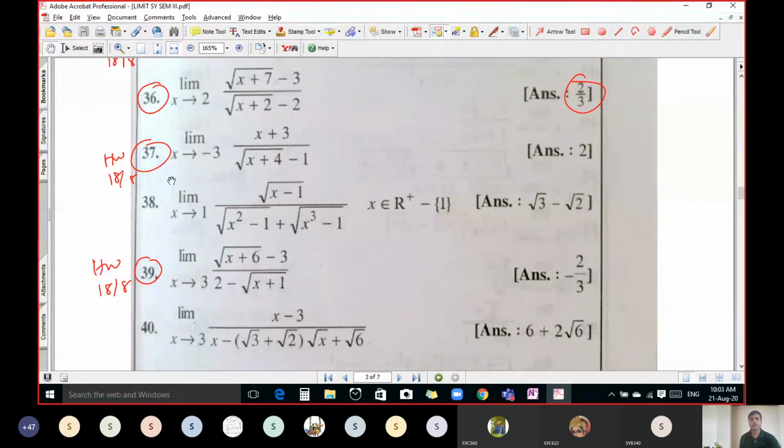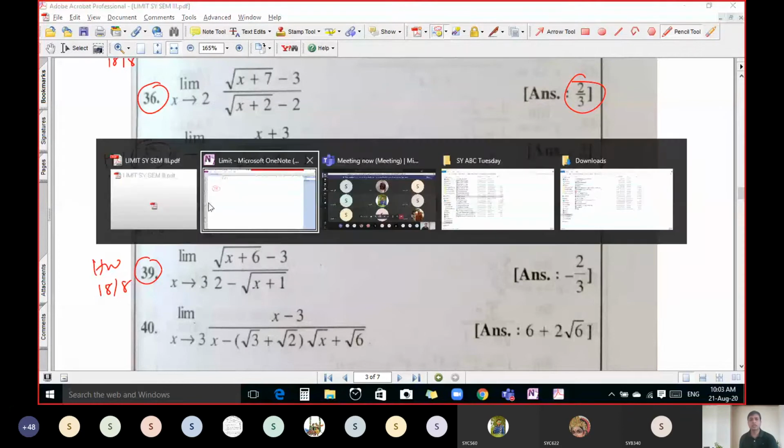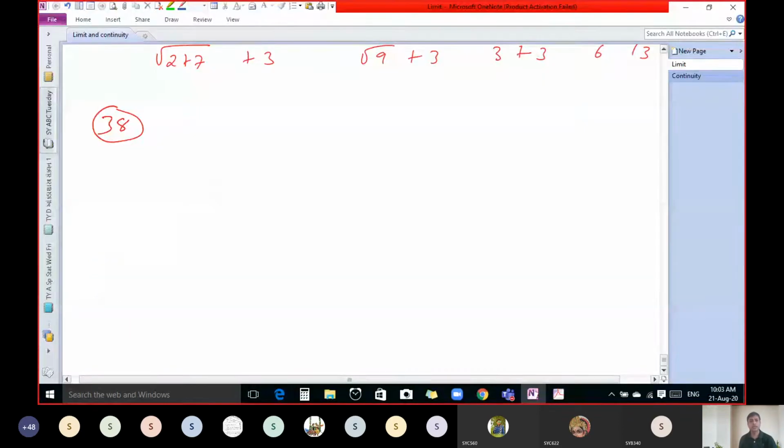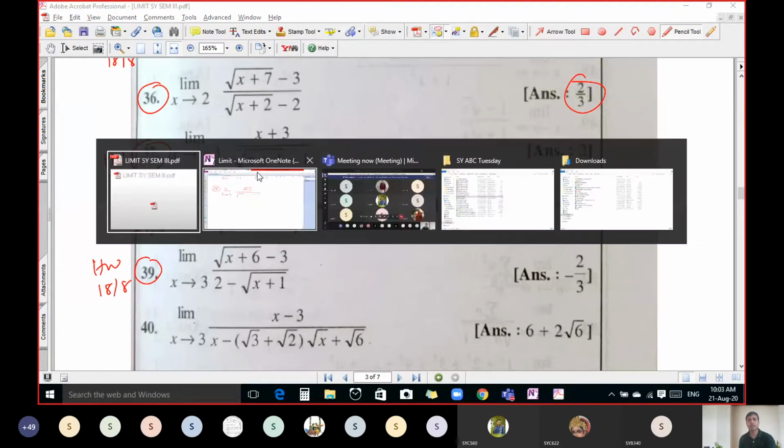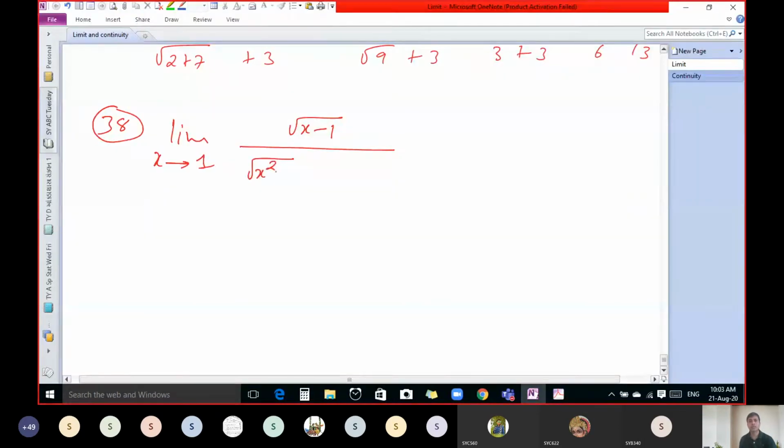The question is limit x tends to 1 of root x minus 1 upon root x square minus 1 plus root x cube minus 1.